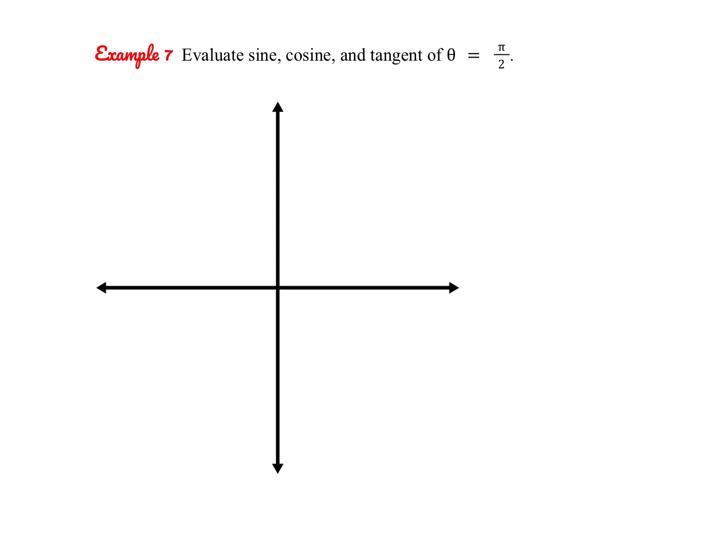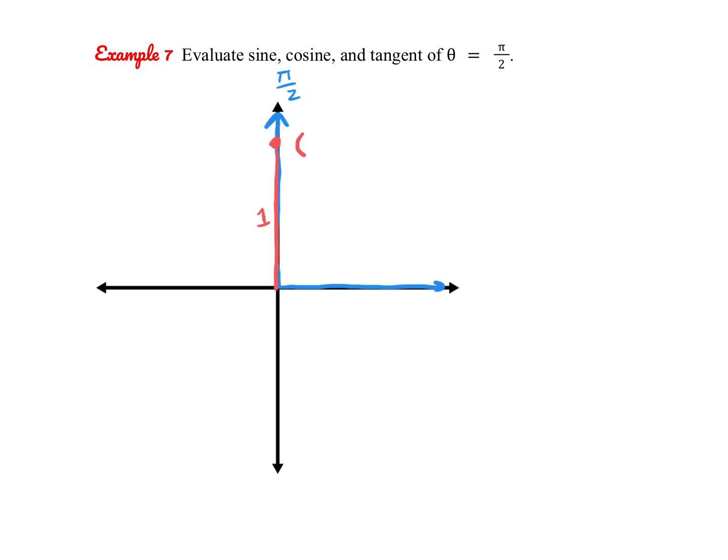All right, so we're going to evaluate sine, cosine, and tangent of the angle pi over 2. So I'm going to draw in the angle in standard form. Here's pi over 2, right? And we're going to pretend that it's a unit circle, okay, which means the radius is 1, and I'm going to write that coordinate.